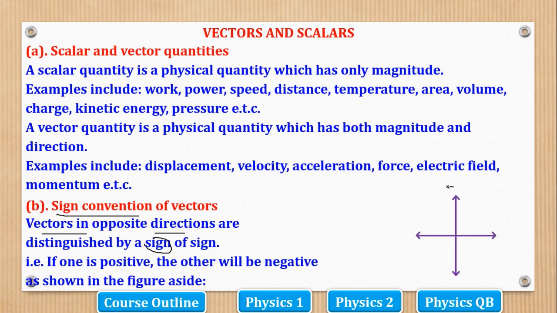The easiest way of remembering it is by using this plus sign, whereby horizontally, vectors to the right will be positive and vectors to the left will be negative. Then vertically, vectors upward will be positive and vectors downward will be negative.